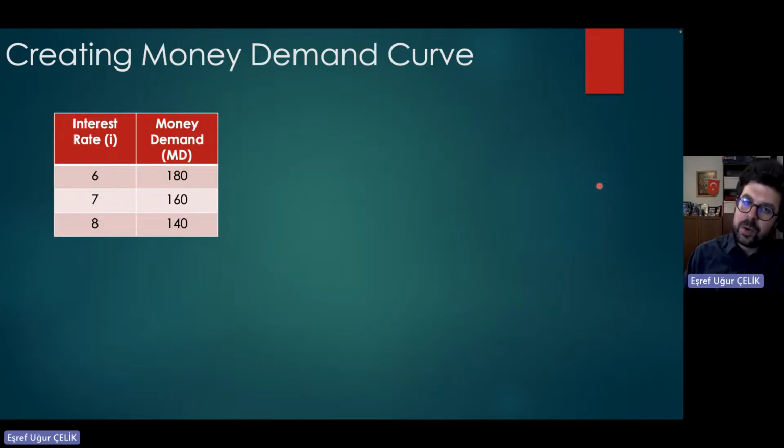So how can we draw the money demand curve? You can see over here an easy example or easy table. When the interest rate becomes higher, the money demand becomes lower, and when the interest rate becomes lower, the money demand becomes higher. So there is a negative relationship between interest rate and money demand.